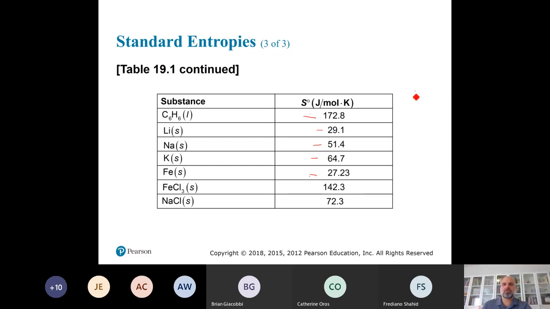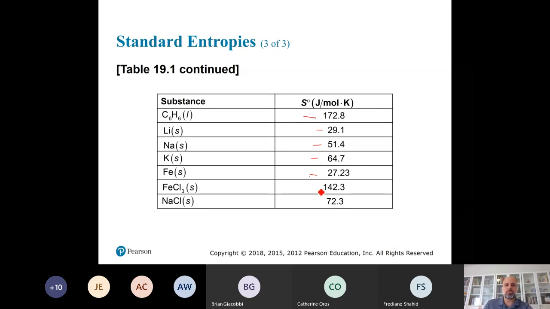If you think of the size chart on the periodic table, the atoms towards the left are larger atoms. So iron is a smaller atom than potassium, so it has a smaller entropy, diameter-wise, that is.